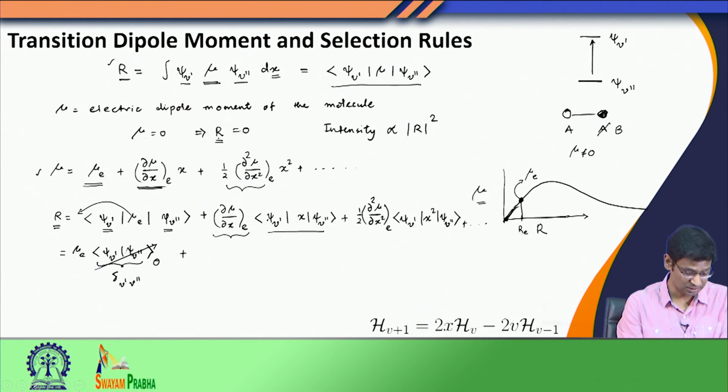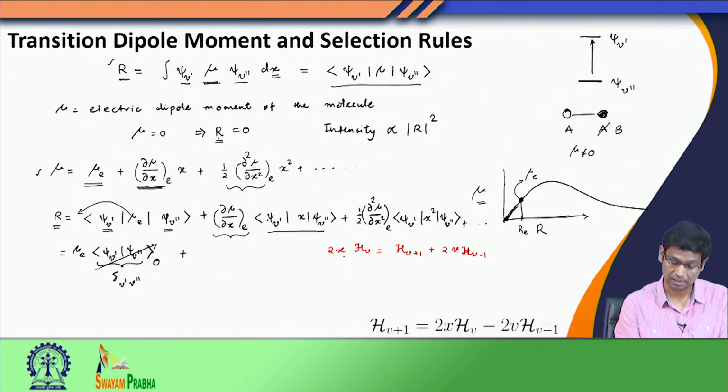So, how would I use this? Let us try to do this. Suppose I want to work on this expression over here. I can rewrite this equation as follows: 2x H v equals H v plus 1 plus 2v H v minus 1, where H are the Hermite polynomials.